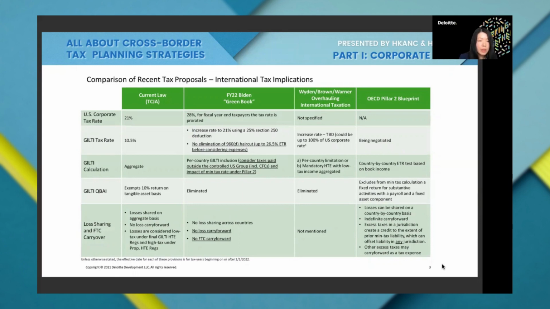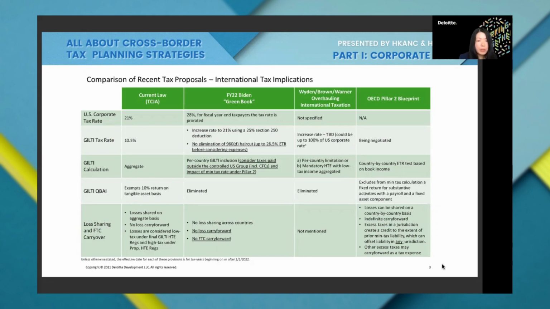The first one is called per country calculation. Under current law, let's say in my foreign sub 1 I generated a loss and foreign sub 2 generated income, I can aggregate the two and only report the net tested income as GILTI in my GILTI calculation.